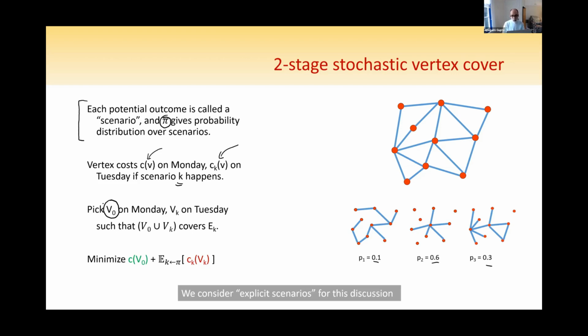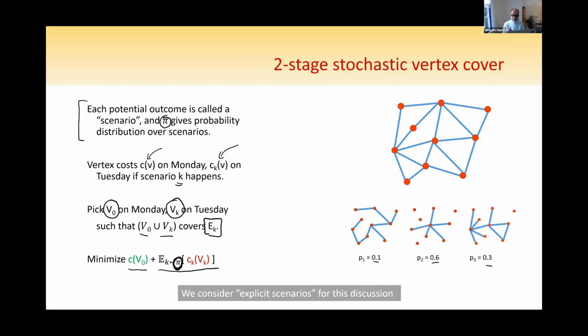And then once you actually know the actual edges, you can fix the problem. You can pick some other set of vertices on Tuesday such that Monday plus Tuesday covers the actual edges that have appeared. And you want to minimize the cost of Monday plus the expected cost of Tuesday. Okay. So formally, I've given you the model with one caveat. I haven't told you how the input is represented. How is this distribution pi given to me?